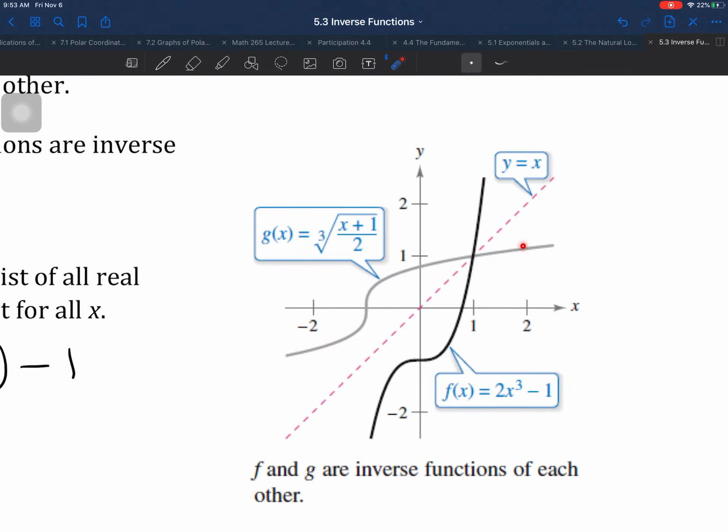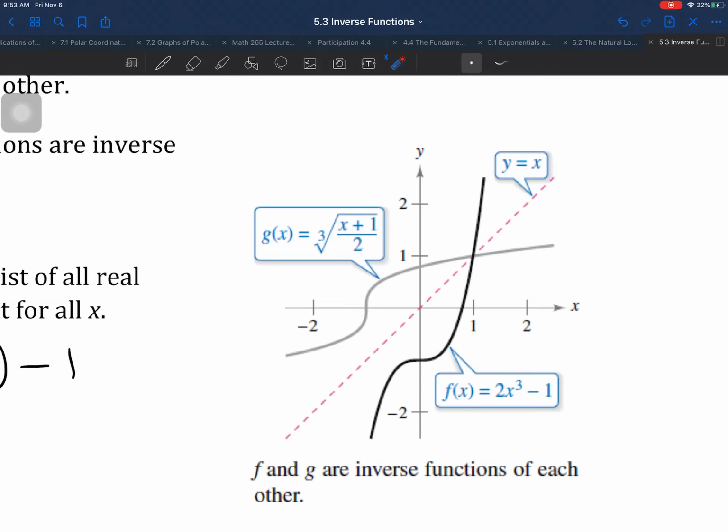Did you see some pattern in this example? It seems like the inverse is the exact image of the original function with respect to this diagonal line. Meaning, this function is being mirrored with respect to that line, and it is true.